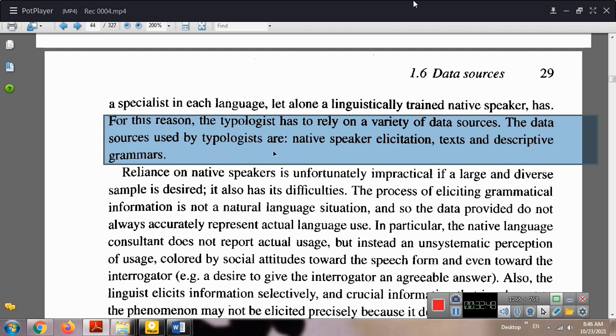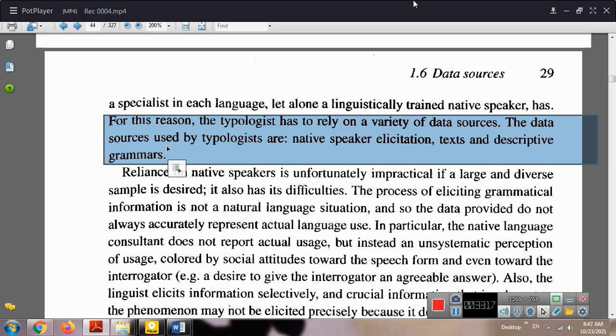The data sources used by typologists are native speaker elicitation, text, and descriptive grammars. This is very important. You should know the data sources: native speaker elicitation, text, and descriptive grammars. You should mention these data sources which the typologists use in your summarization, and you should know that for your final exam.